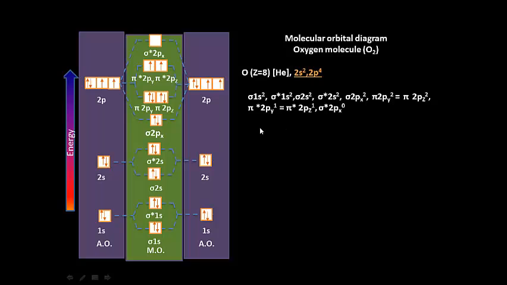We can calculate the bond order in the oxygen molecule by the formula: bond order is equal to the number of electrons in bonding minus the number of electrons in antibonding orbitals, divided by 2.